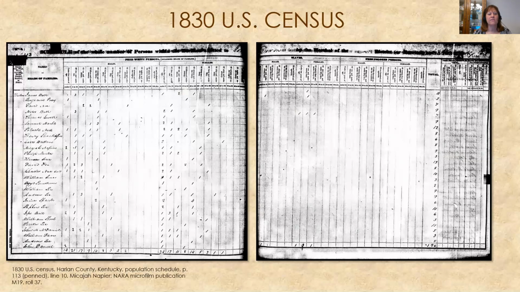The name of the head of the family and the age categories for white males and females are noted on the first page. The age categories for the slaves and free colored persons, as well as the categories for the deaf, mute, blind, and foreigners not naturalized are all noted on the second page.